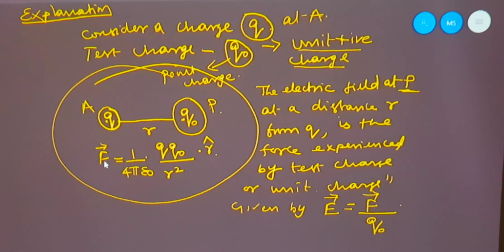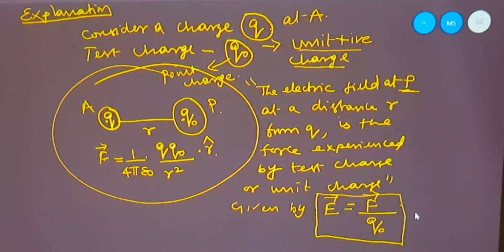A force is experienced on this test charge Q0 at point P at a distance R from the parent charge Q, and that force experienced per unit charge is called the electrical field. That was written here in your book terms: the electrical field at point P at a distance r from the charge q is the force experienced by the test charge or unit charge.